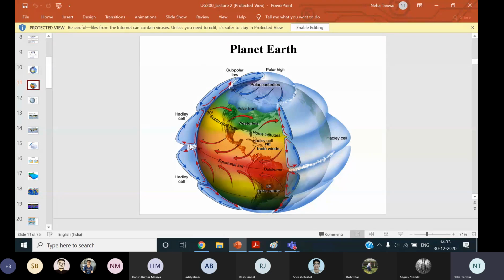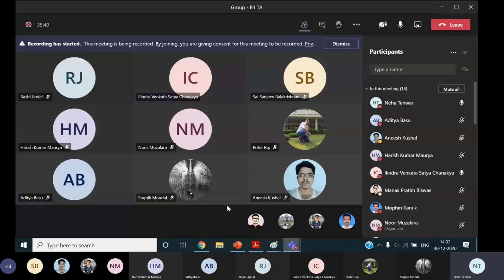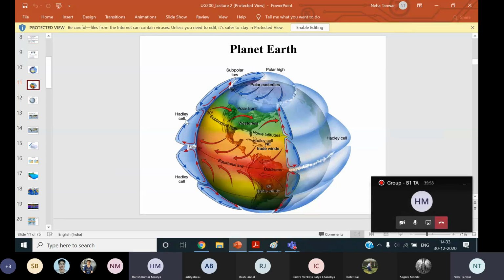When you see the Hadley cell, the motion of the winds is along the longitude, right? Is there a question for me? No one is asking. Okay, good. So along the longitude, that is known as meridional direction.